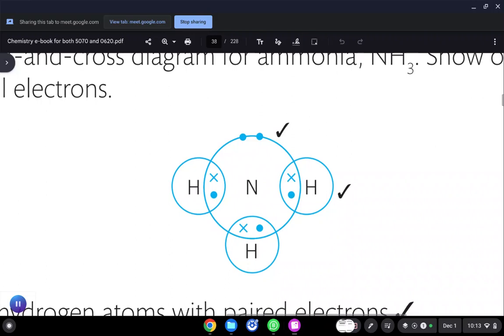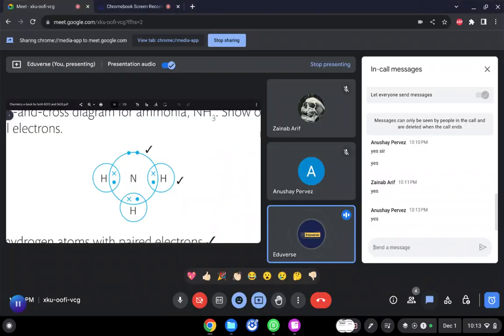So if you see the circle of nitrogen, in this circle nitrogen has 8 electrons now, and in the circle of hydrogen, there are 2 electrons. So both get satisfied, and both have the stable electronic configuration. Is it fine? Understood?